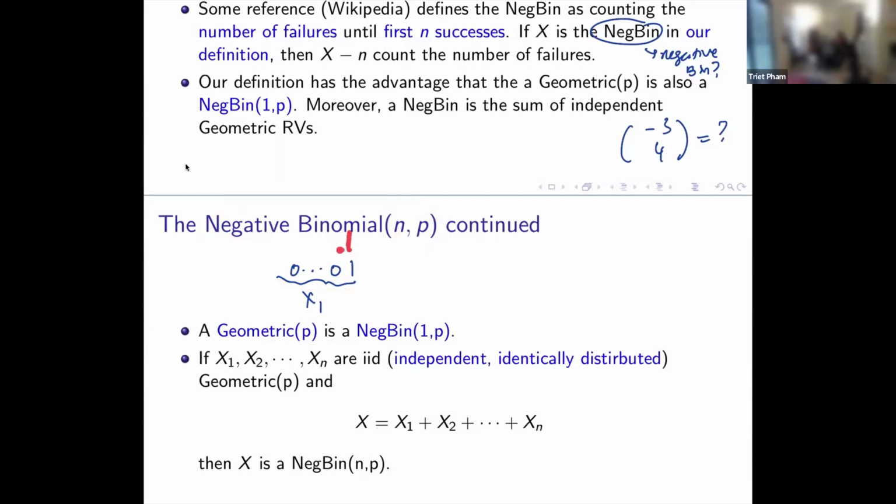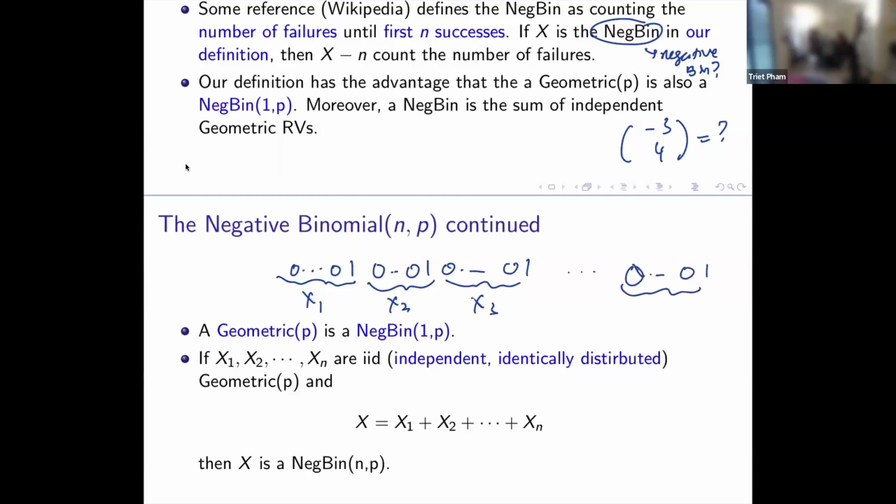And then once you get your first success, you forget about the sequence so far and start fresh. And then you get your second success. And then you forget again and you get your third success. And so on until you get to your last success.